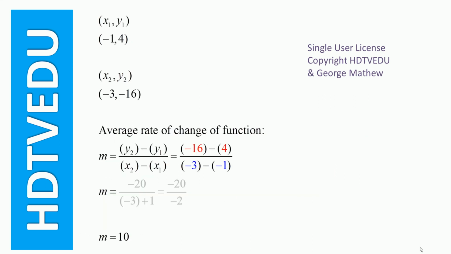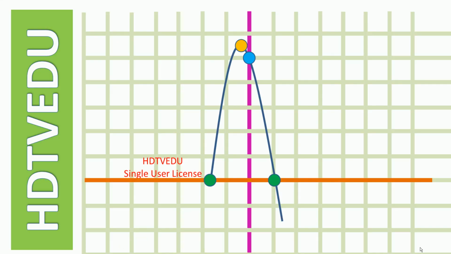That's what I did here. y2 is negative 16, y1 is 4, x2 is negative 3, and x1 is negative 1. Negative 16 minus 4 is negative 20, and x2 minus x1 becomes negative 3 plus 1. So you get negative 20 divided by negative 2, which is positive 10. Plot the graph, and we are done.